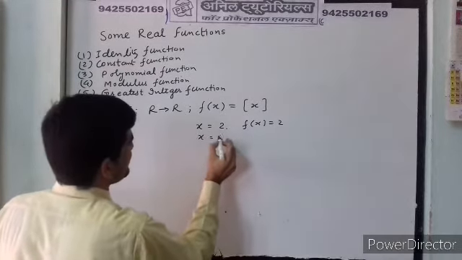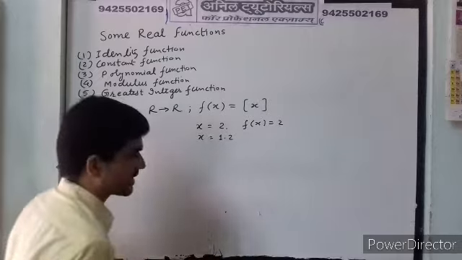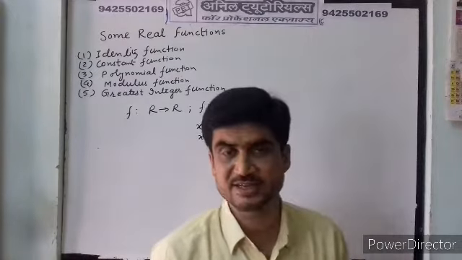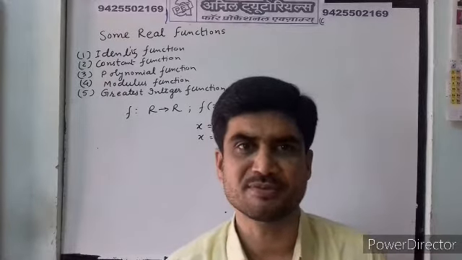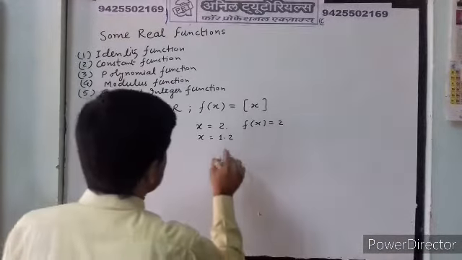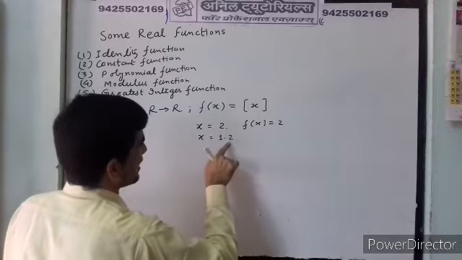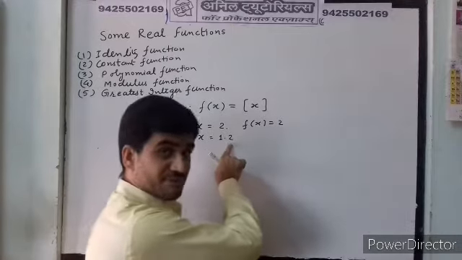When you take x equal to 1.2, okay, you know 1.2 is not an integer. 1.2 is a combination of two different types of number. Its integral part is 1 and 2 by 10 is its fractional part.